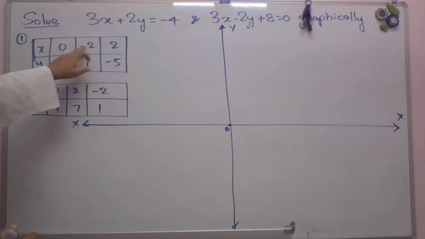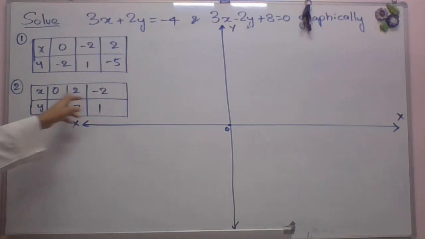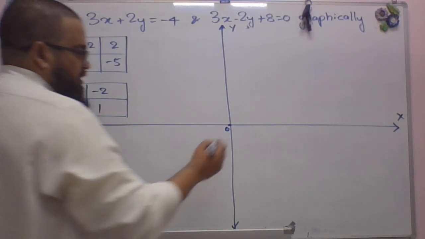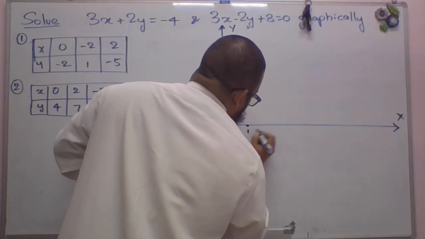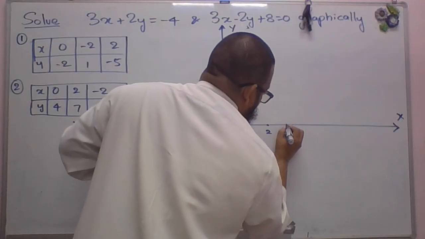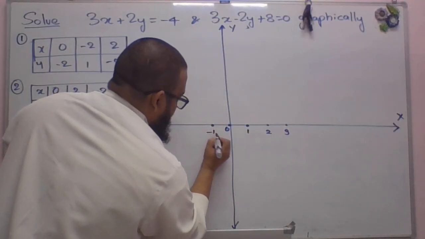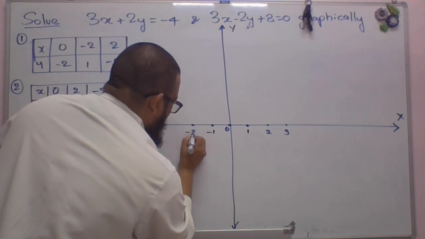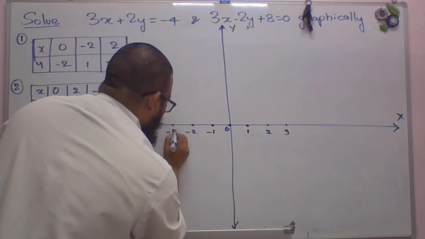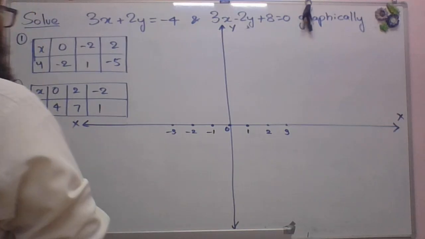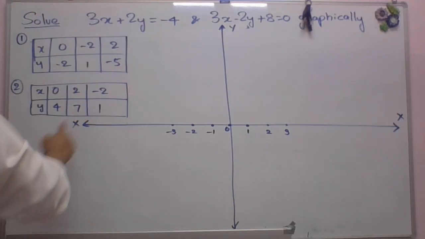So for the x-axis, what is the maximum? It is 2, and here also 2, so it's not at all a problem. You have 1, 2 and 3, and the same with minus 1, minus 2, minus 3. Now what is y? You have minus 5 and 7.